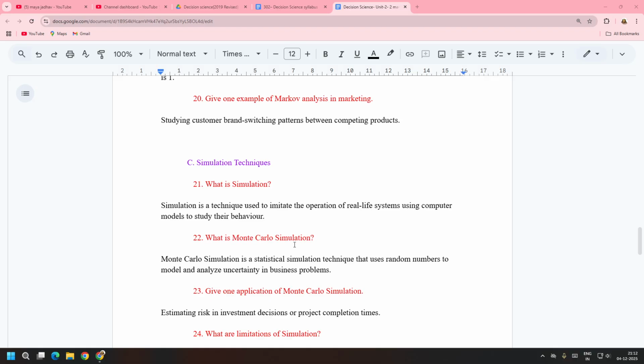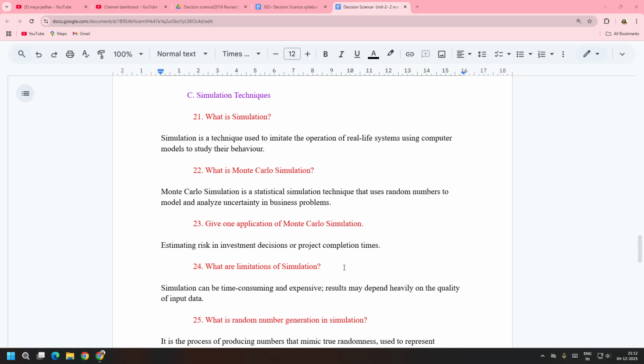What is Monte Carlo simulation? Monte Carlo simulation is a statistical simulation technique that uses random numbers to model and analyze uncertainty in business problems. Give one application of Monte Carlo simulation.